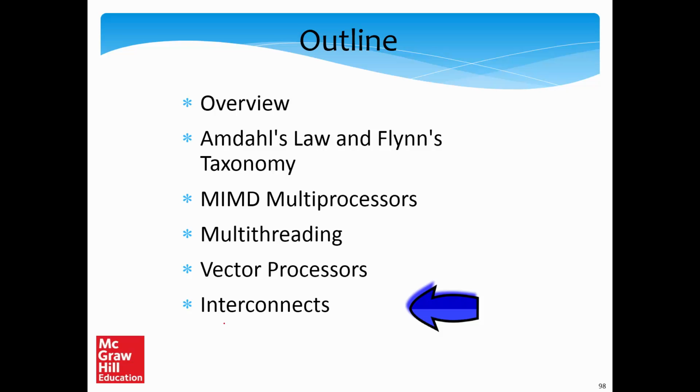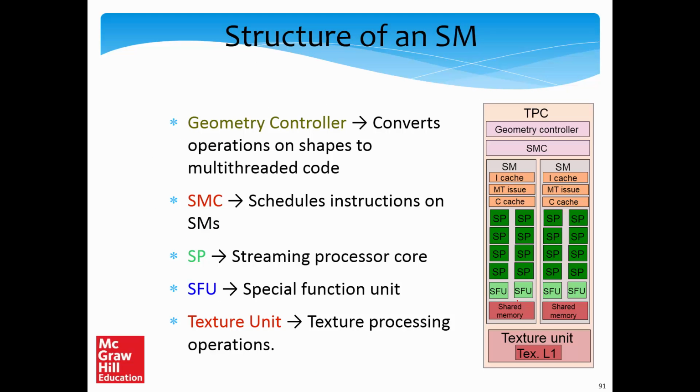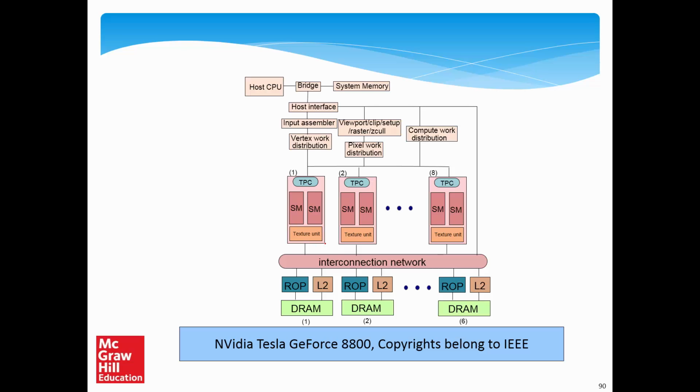Let's now look at interconnects. Interconnects is something we have not discussed. But if you go back, we have always said that our single cores within a multi-core processor are connected in some way. If you would recall, let me just go back to the GPU diagram. We are saying that all the TPCs and the memory modules are connected in some way, right?